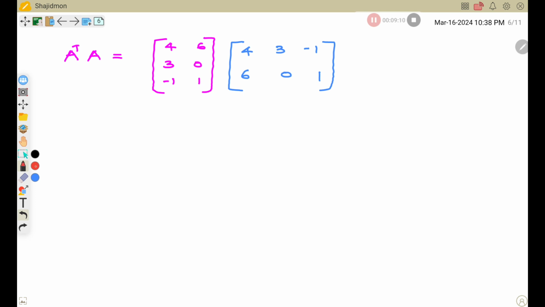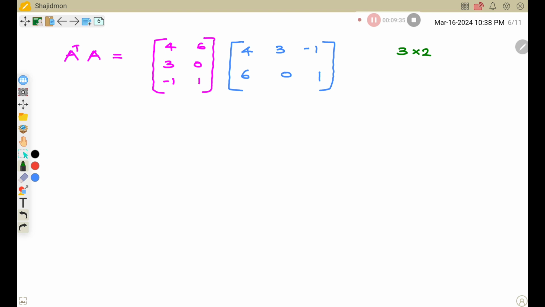Okay, so first we need to know whether this multiplication is possible or not. You can check it on the side. What is the A transpose matrix? The first matrix order is 3 by 2. We have 3 rows, R1 R2 R3, and 2 columns, column 1 and column number 2, correct? Now similar way, what is the order of the second matrix?